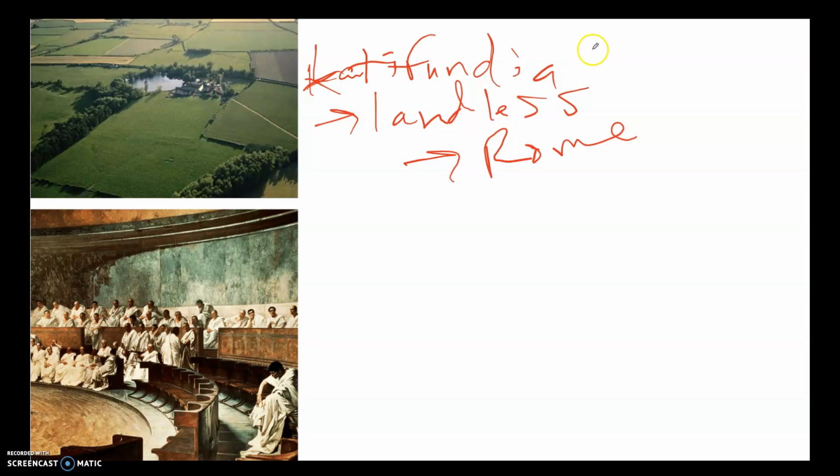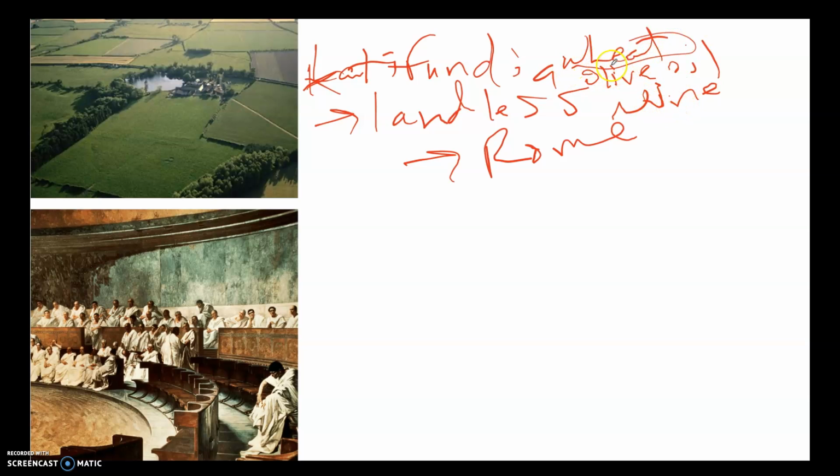But we want to know economically too that the latifundia, the goal is to make money off of these big farms. It's not just for growing food for a family or subsistence farming. It's to grow food to export to make money. So wheat, olive oil, wine. And another disadvantage about these is that doesn't feed the common population.